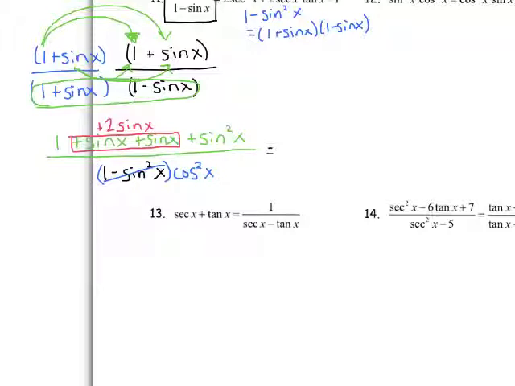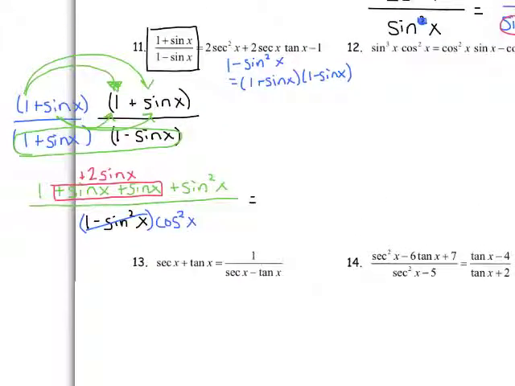Now, in this almost last step, I'm going to break this up into separate fractions. The reason I'm doing this is because I see that I have something plus something plus something. And so I don't need to see all this as one big fraction.